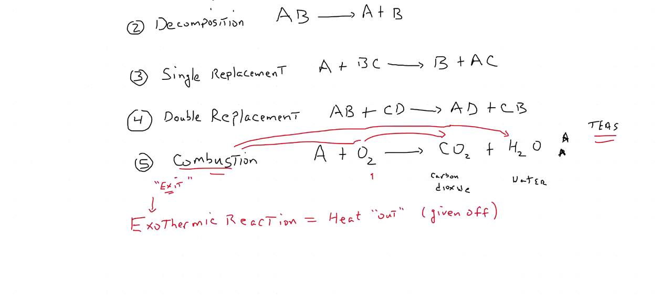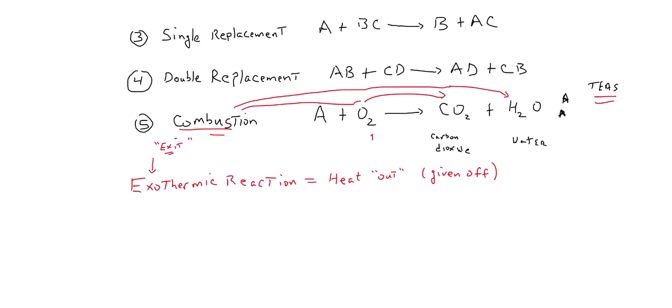Well, some reactions don't want to go. You have to add heat to keep them going. So for example, when you boil water, as you're boiling the water, if you turn the flame off, then the bubbles stop. The reaction stops. So you're adding heat to keep the reaction going. That's called an endothermic reaction.